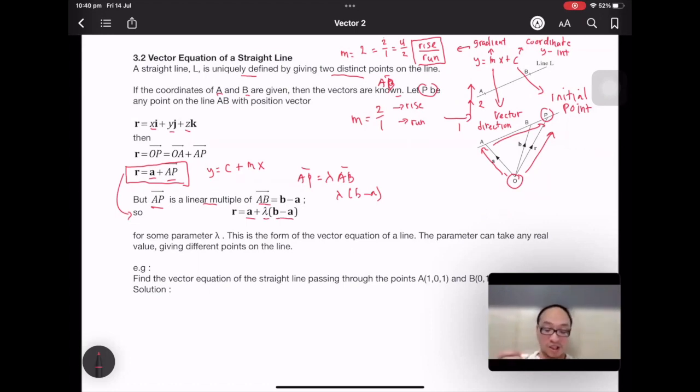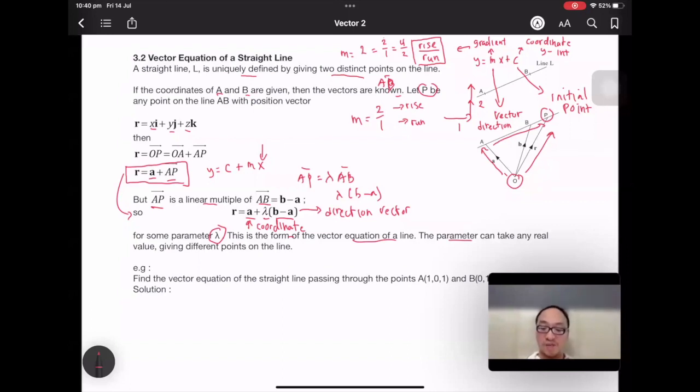So again, you can see that a is the coordinate and AB is the direction vector. And lambda is just a parameter. It's like x. This is the form of the vector equation of a line.